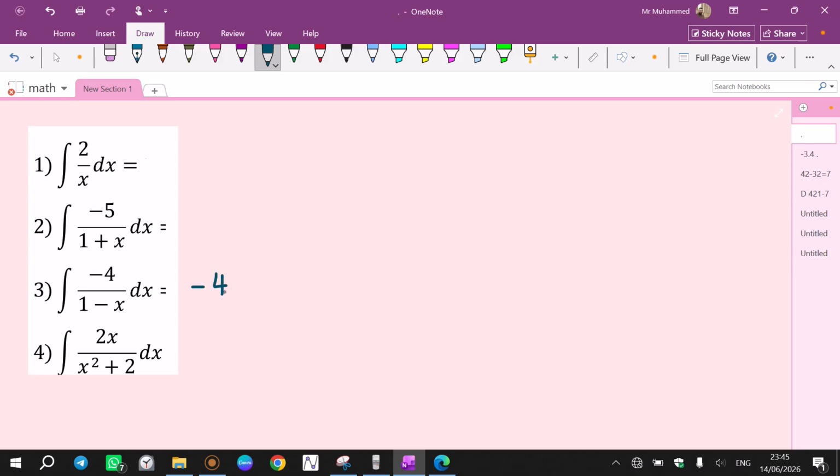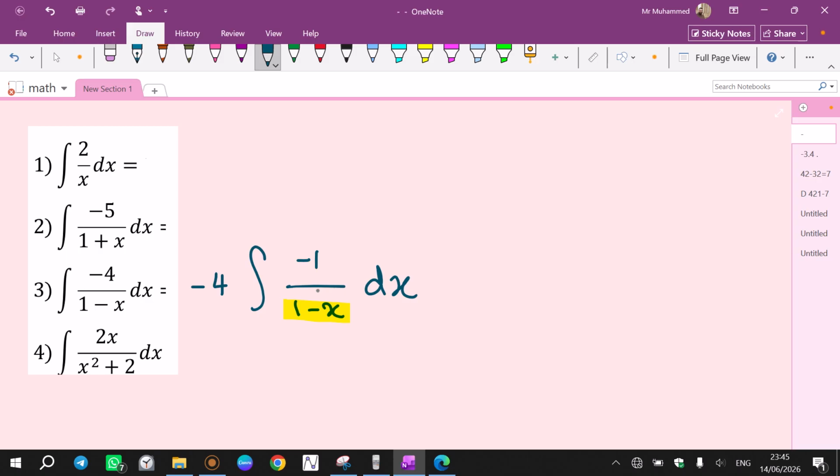Send negative 4 outside. Integral 1 over 1 minus x dx. Derivative of the denominator is negative 1. And there are two things I can do. I either bring this negative back inside, or I can just add a negative inside to maintain the availability of the derivative of denominator.